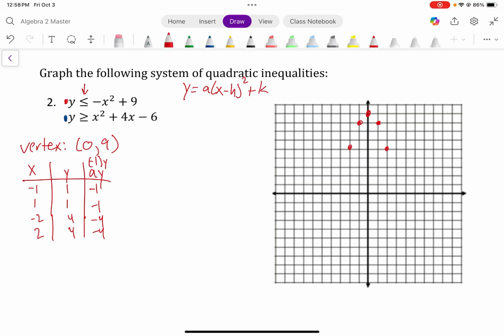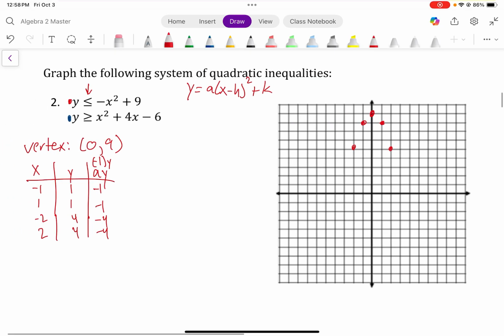And I can actually keep going, and I'm going to on this one. The reason I want to keep going is that I don't know where these parabolas are going to end up next to each other, so I want to cover as much of the grid as I can. If I went left 3 and right 3, I'm going to end up going down 9. So left 3, down 9, that's going to be my x-intercept.